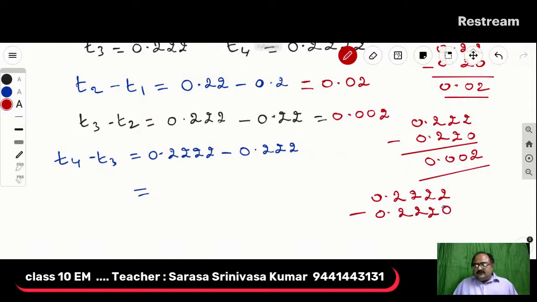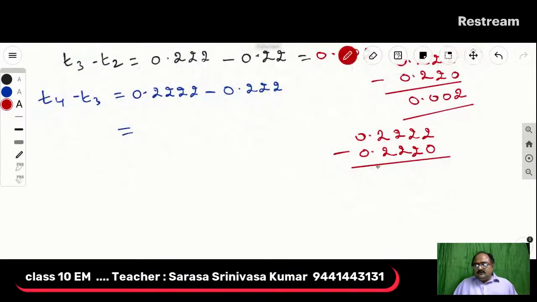Here at the last, we keep 0 there. So we get here 0.0002. So we got different values of the differences.